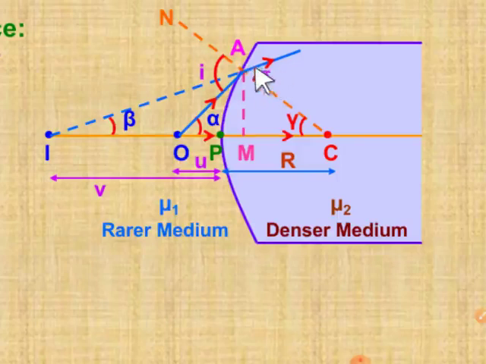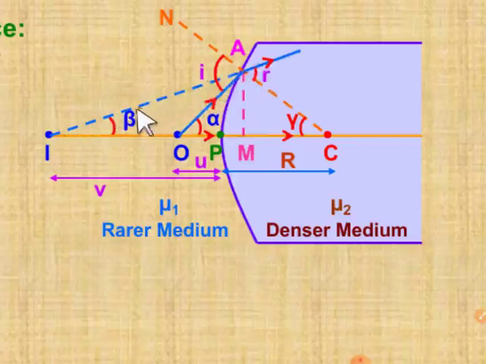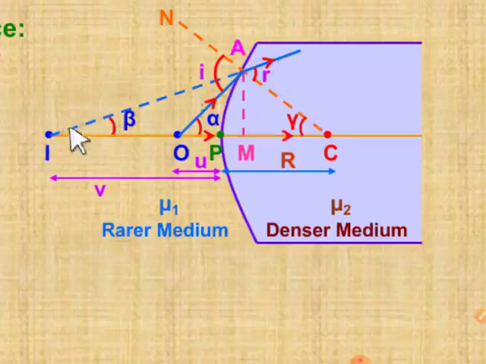Got it? And this is the refracted ray. It seems to be coming out from somewhere here. If you retrace backward, this will be the point on the principal axis where the refracted ray seems to come from.